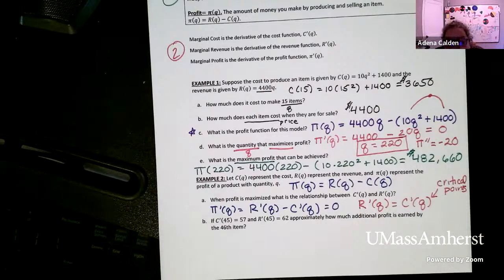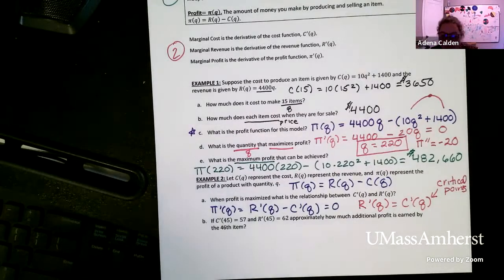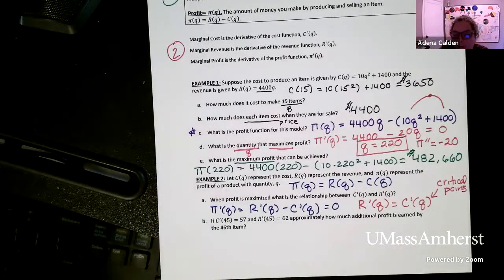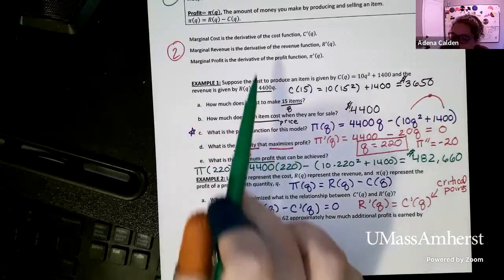For part B, we have this idea of marginal cost and revenue at 45 units, and we want to use that to think about the additional profit earned by the 46th item. So when we talk about the additional profit earned by the 46th item, we are talking about the profit that you get from going from 45 to 46, right? And we talked about that with this idea up here with marginals.